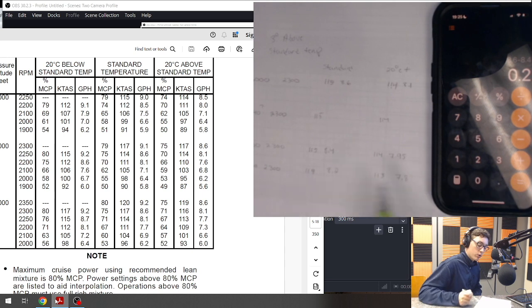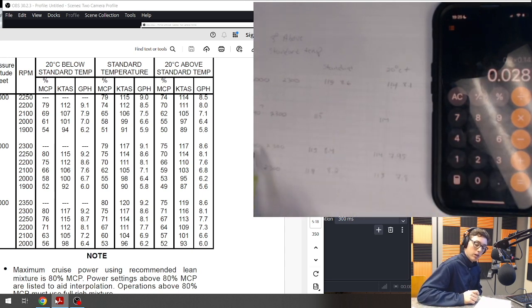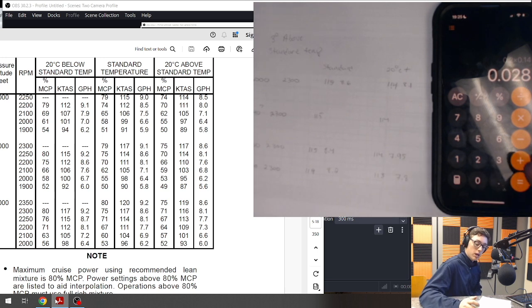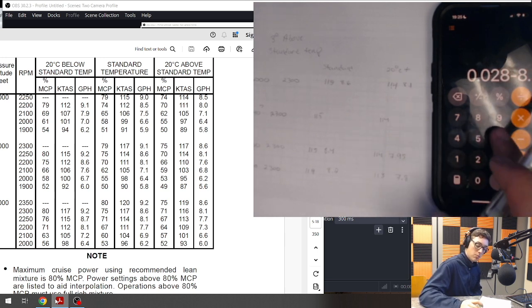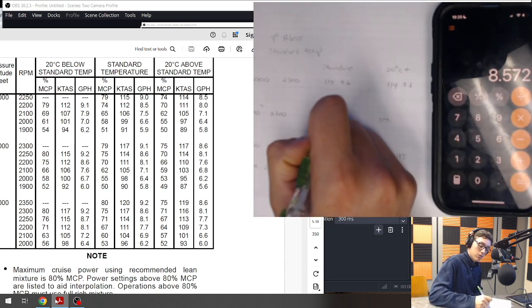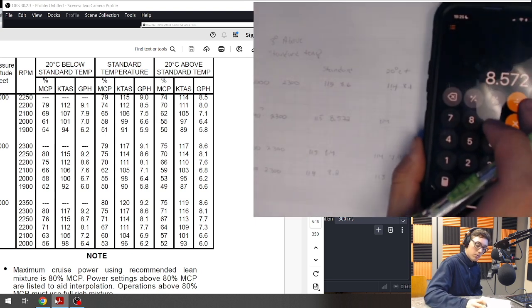Find the difference, 0.2. I need to find 14% of that, so times 0.14 is 0.028. Now that's from 8.6 to my altitude, so that means I'm going to be subtracting it. 8.6 minus 0.028 gives 8.572.